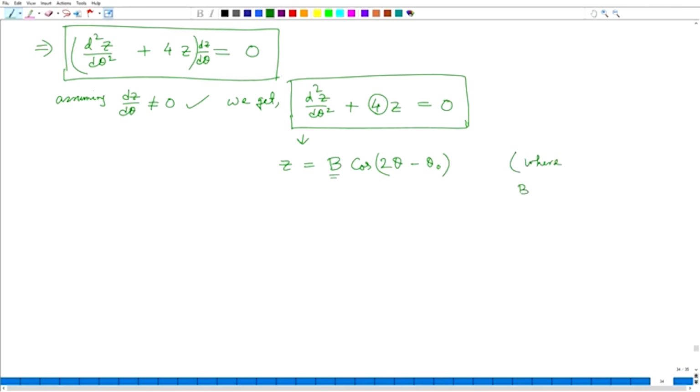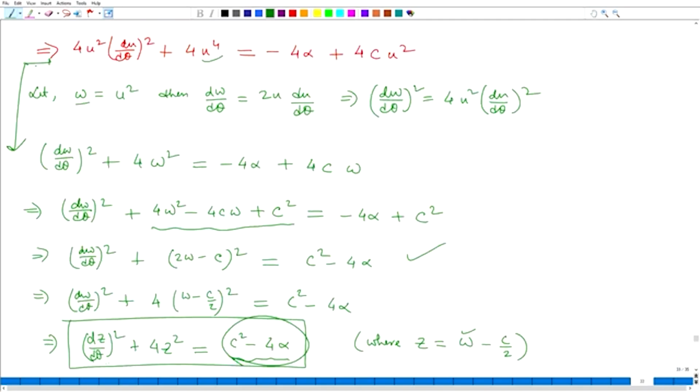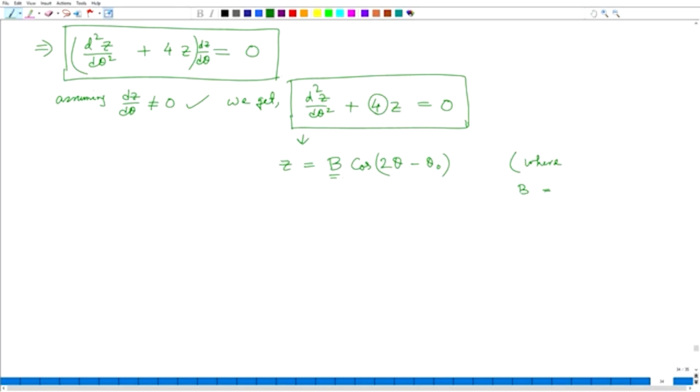Actually, b is such that c² − 4α is equal to 4b². So, 4b² will be c² − 4α.